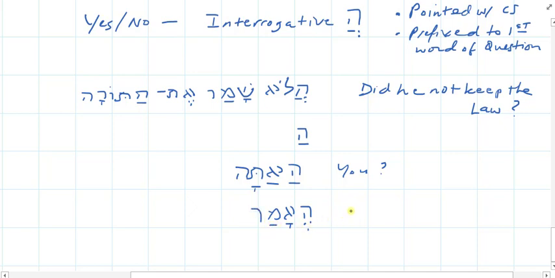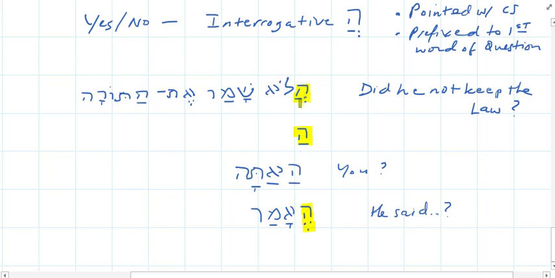Okay, so instead of ha-amar, it becomes he-amar. And amar is simply the statement "he said." He-amar, with the interrogative hey, is "did he say?" Okay, so let me just highlight these. These are the forms of the interrogative hey.